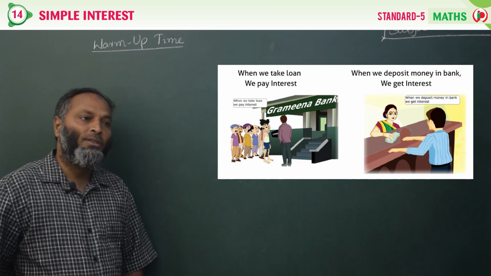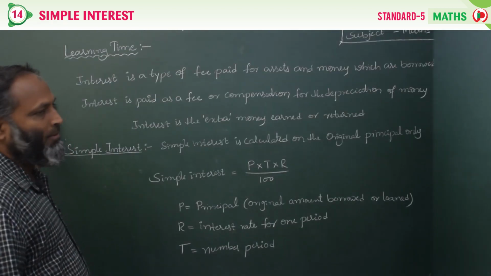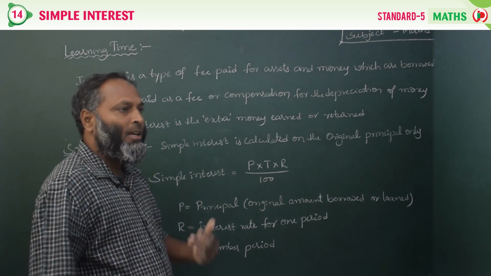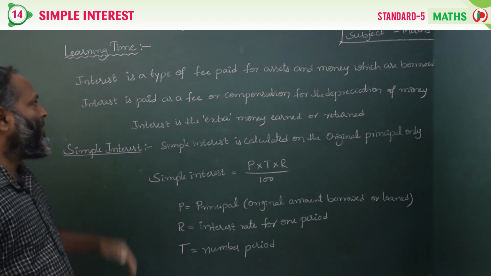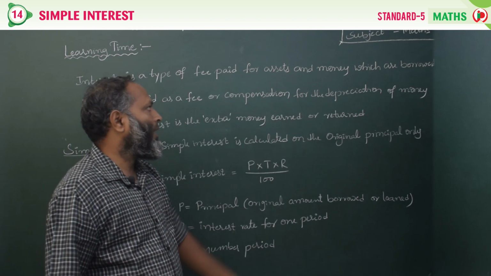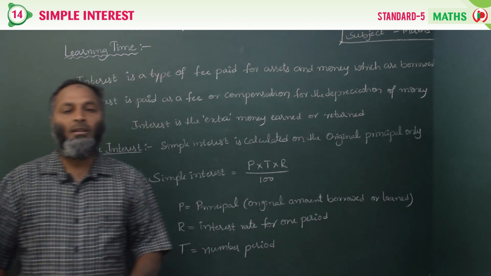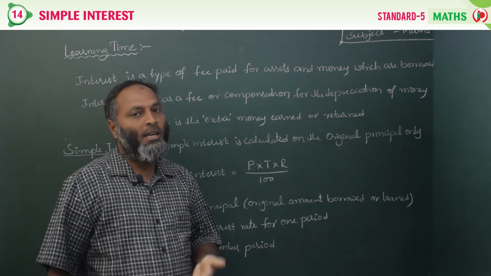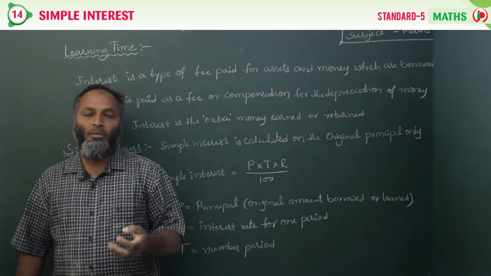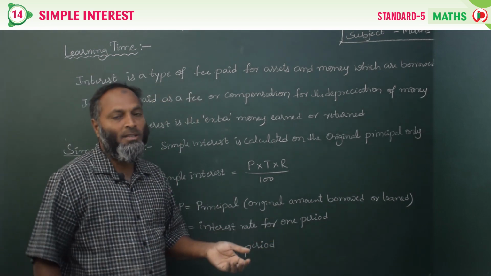Okay students, now see here in the learning time, he is explaining about interest. What is interest actually? Interest is a type of fee paid for an asset, for money which is borrowed.